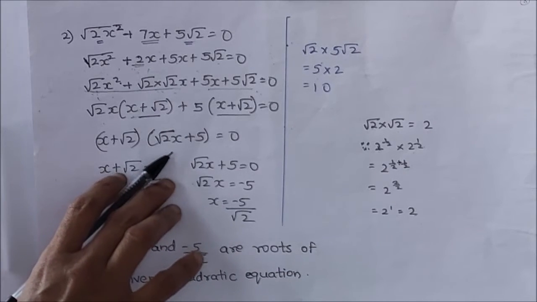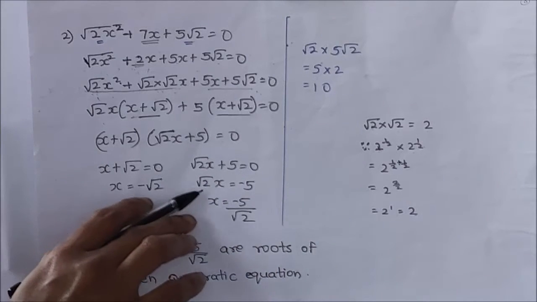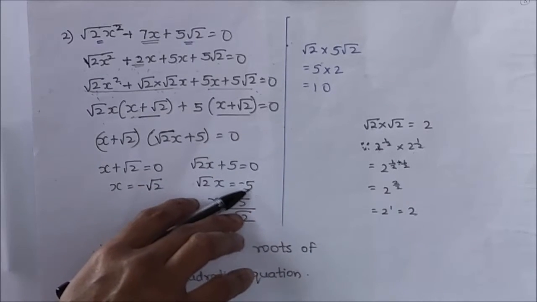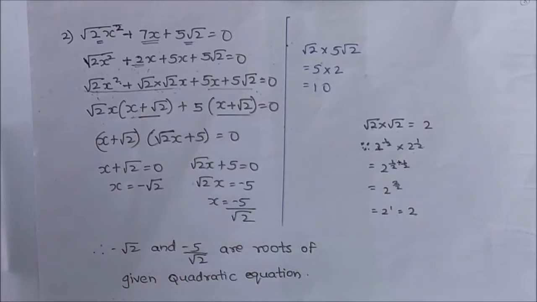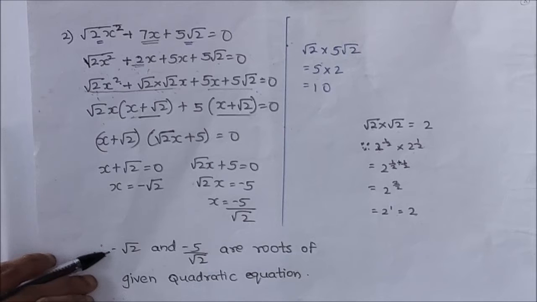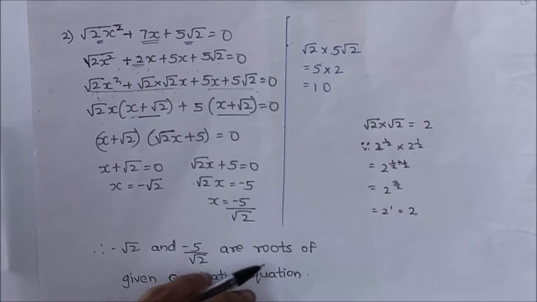And the second one is root 2x plus 5 equals 0, so root 2 into x equals minus 5. Therefore, x equals minus 5 upon root 2. Therefore minus root 2 and minus 5 by root 2 are the roots of the given quadratic equation.